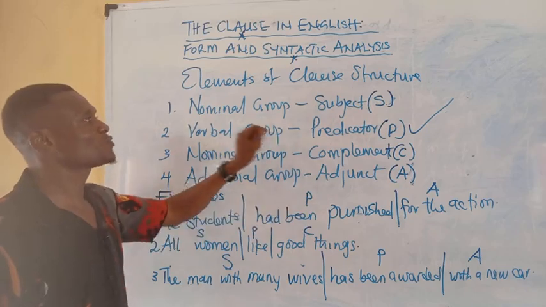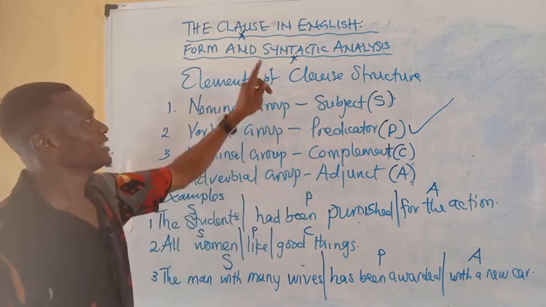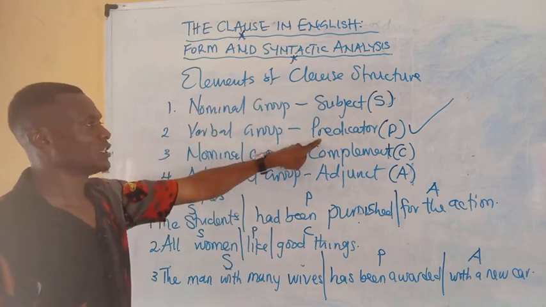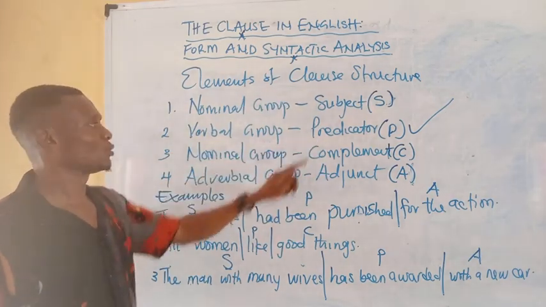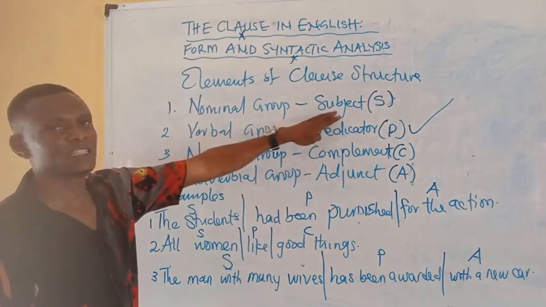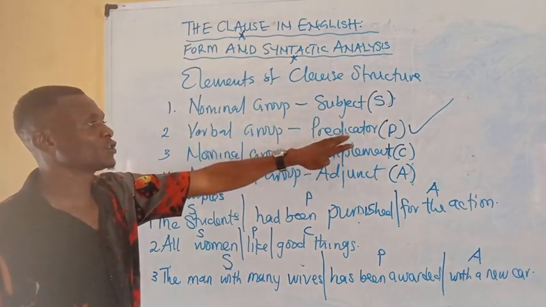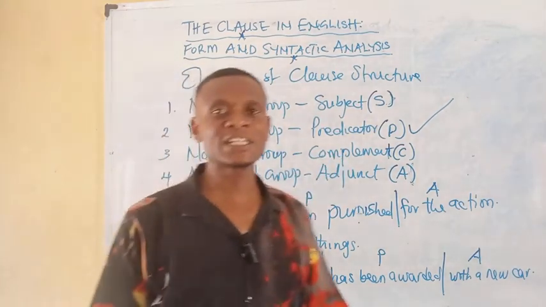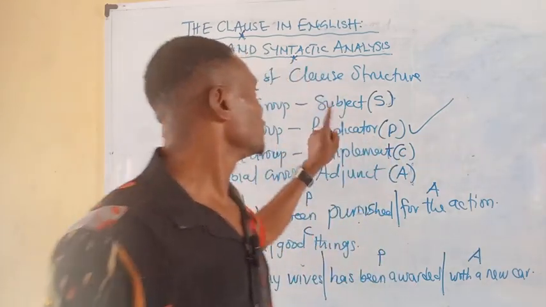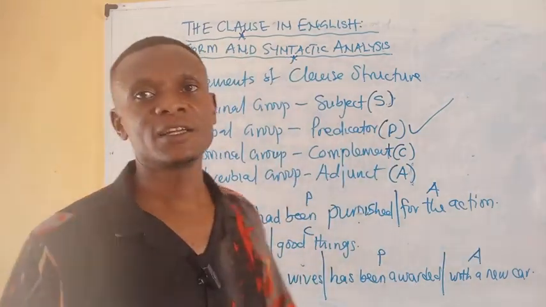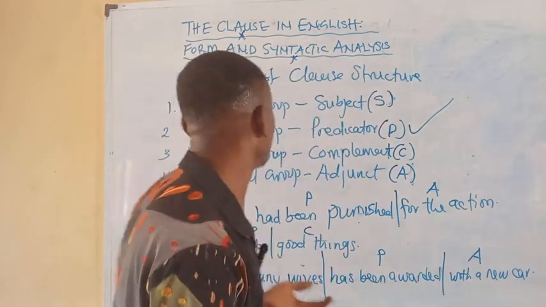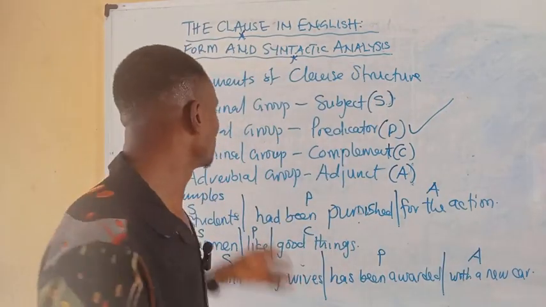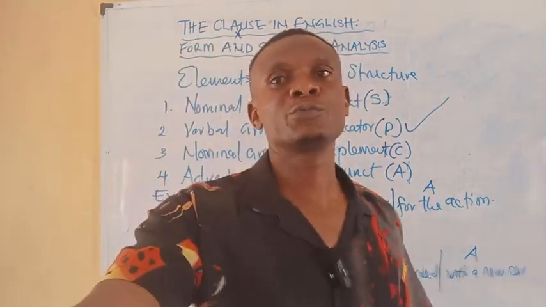But what makes a group of words a sentence or a clause is the predicator. So let's take it one after the other: the explanations of subject, predicator, complement, and adjunct, so that you will understand the element of each group, either the nominal group, verbal group, or adverbial group.